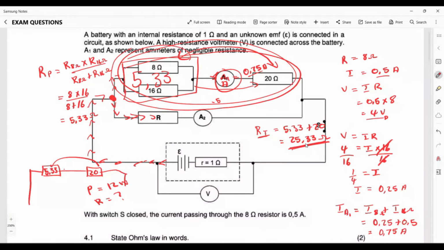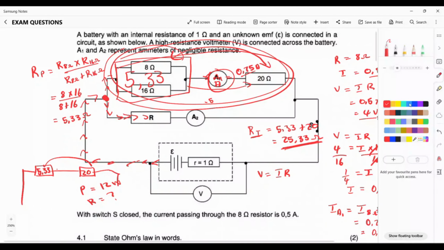If I am looking for the voltage, I say V is equal to IR. Why am I looking for the voltage? Because this whole branch over here, let me use blue, I simplified into 25.33 as my resistor.